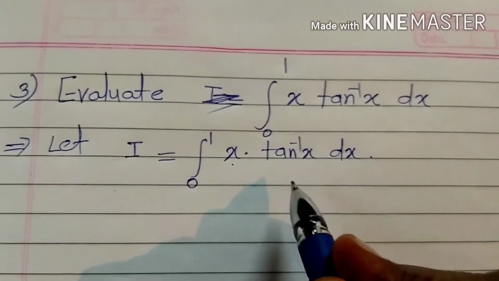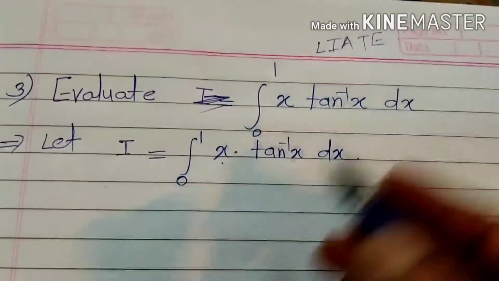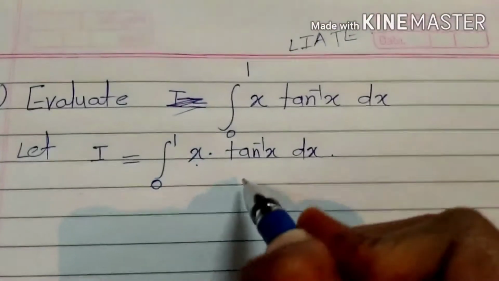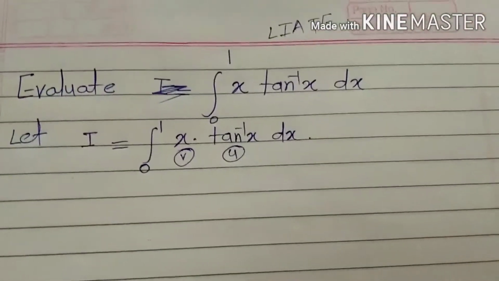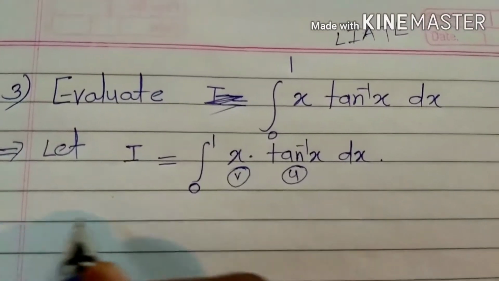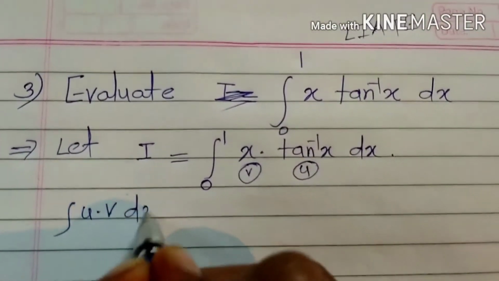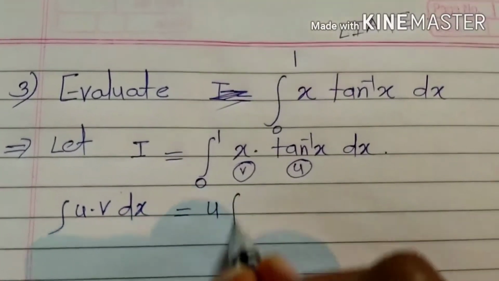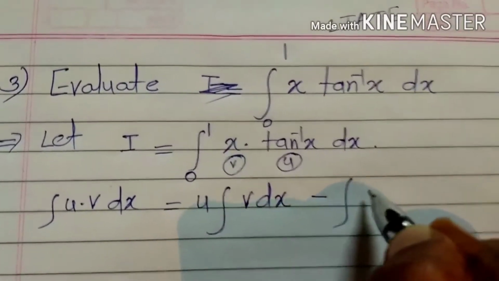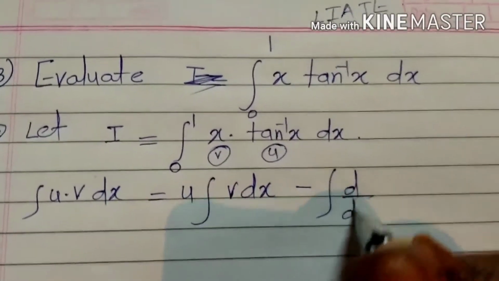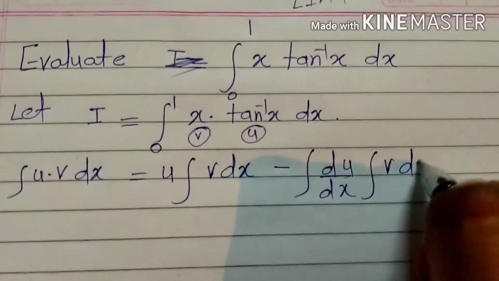So according to the LIATE rule, this is u and this is v. We know that rule: integration of u into v dx is equal to u into integration of v dx minus integration of derivative of u into integration of v dx.